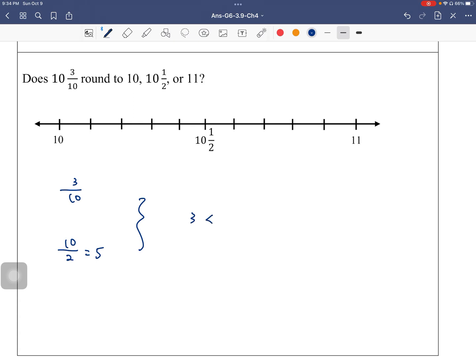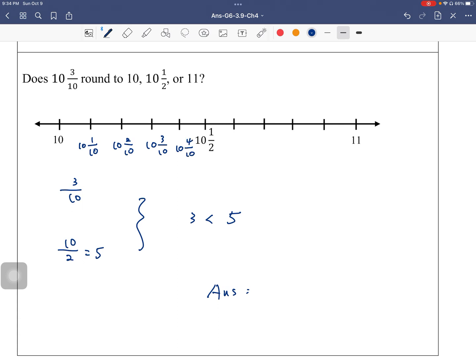We know 3 is smaller than 5. On the number line, 10 and 3 over 10 is somewhere between 10 and 1 over 10, 10 and 2 over 10, 10 and 4 over 10.